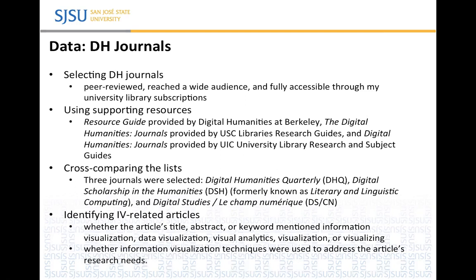First, whether the article's title, abstract, or keyword mentioned information visualization, data visualization, visual analytics, or even visualizing. And we also take into account both visualization with a Z and visualization with an S. Furthermore, we excluded manuscripts that were editorials, introductions such as front matters, and book reviews. So we only look at research papers.